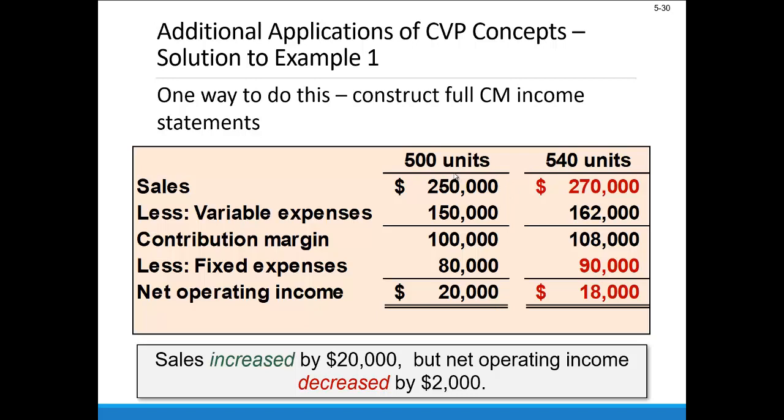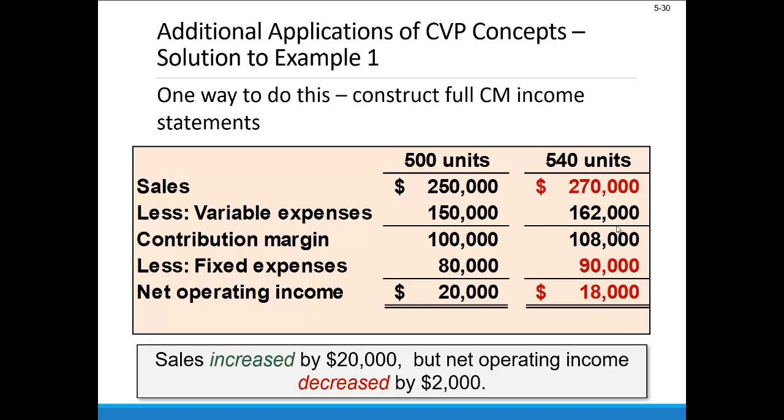We had the 500 bikes already, right? That gives us net income of 20,000. I just pulled that forward. At 540 bikes times $500 a bike, we've got sales of 270,000. Variable expenses were 300 per bike, so 300 times the 540, and there's my 162,000.